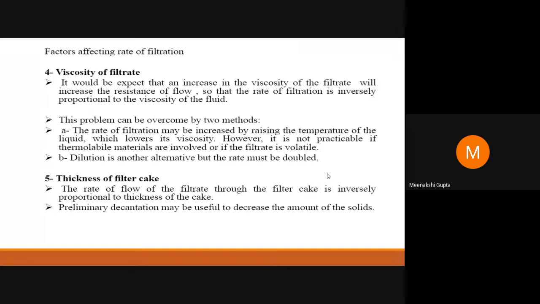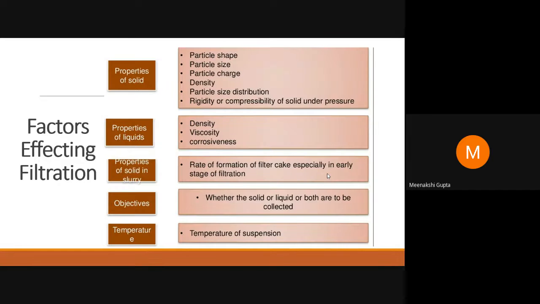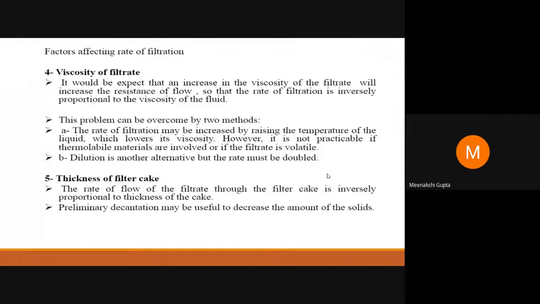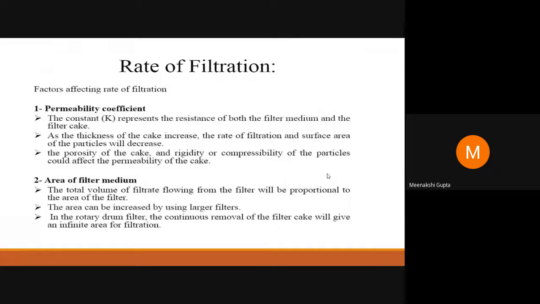Or by decantation: preliminary decantation can remove some of the solid, and then we can get a faster rate of filtration. Okay, so this is all about the rate of filtration, theory of filtration.